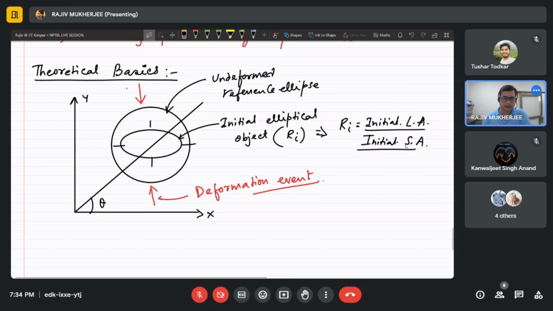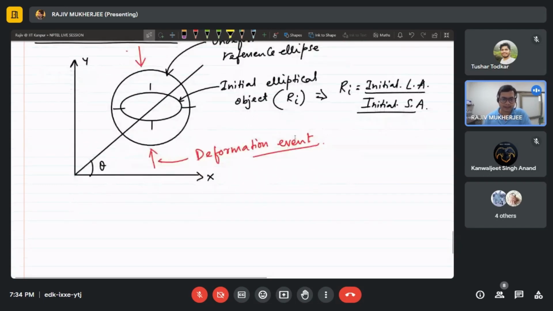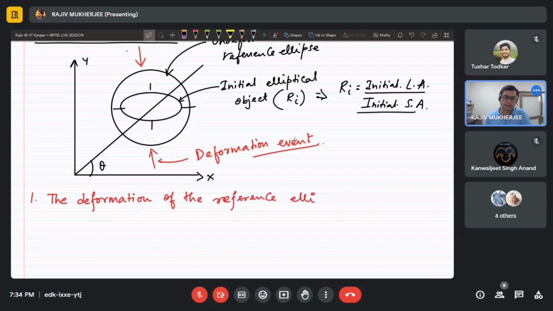You can check. The first thing would be the deformation of the reference ellipse. The second thing would be the deformation of the marker itself.